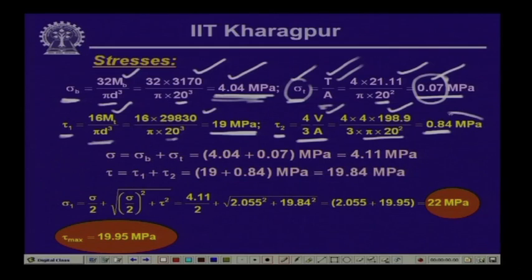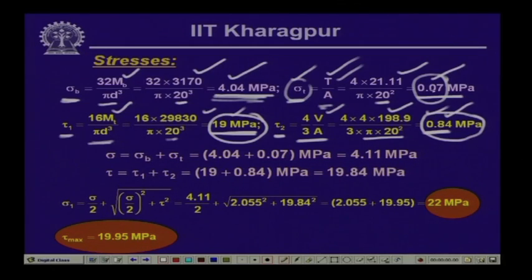Now, if you look into this particular stress that is getting generated because of the transverse shear V, it is very small in comparison to the shear stress which is getting generated because of the twisting moment Mt. So, this is almost insignificant in comparison to the shear stress tau 1.